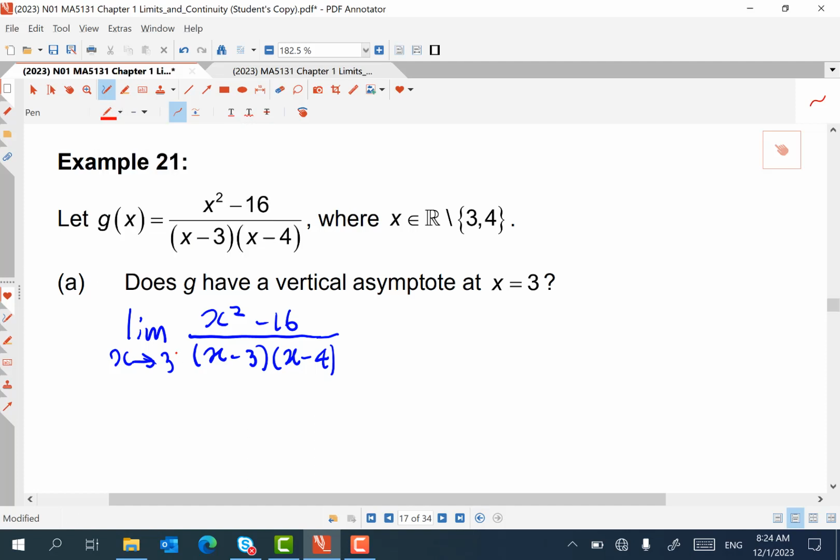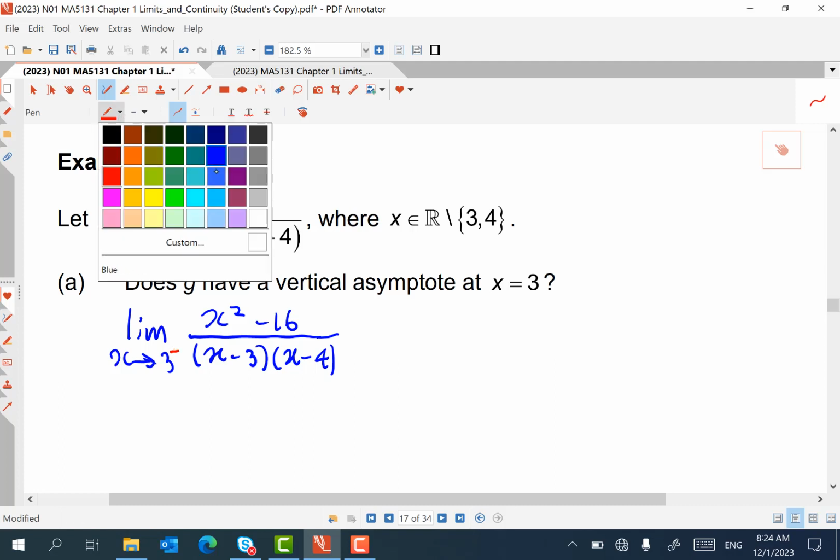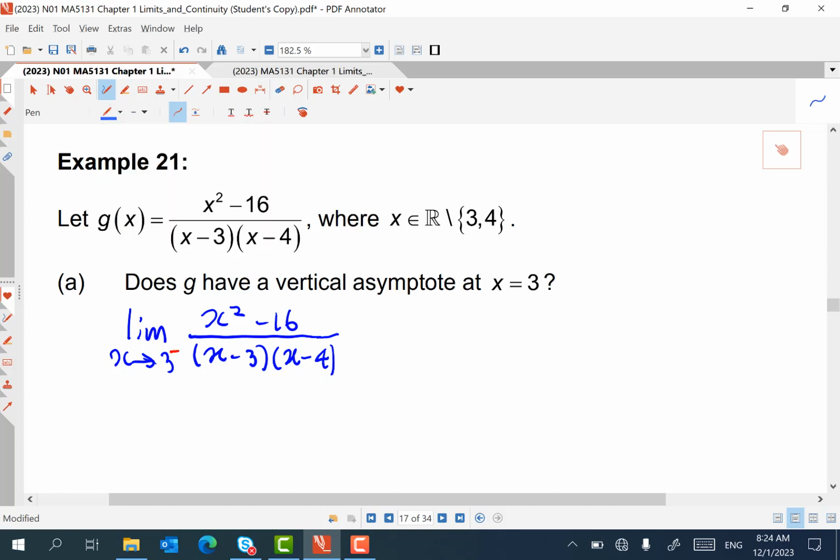Maybe let's start with 3 minus, when x approaches 3 from the left.